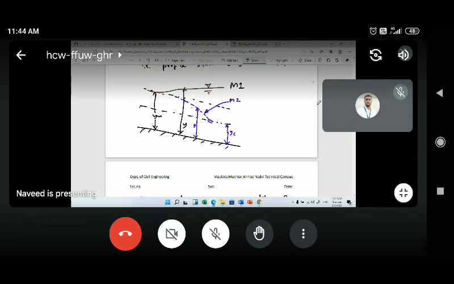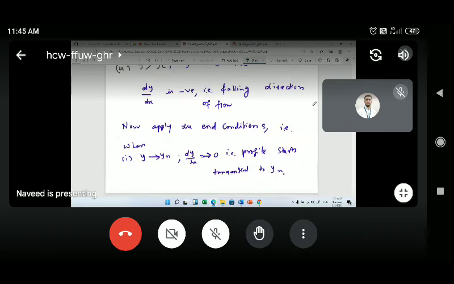So now we have to go for the M3 profile, zone 3 में mild slope का क्या इफेक्ट होगा, तो I will go for the M3 profile.